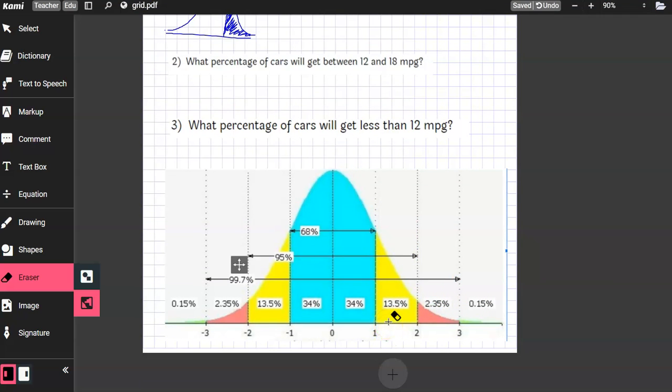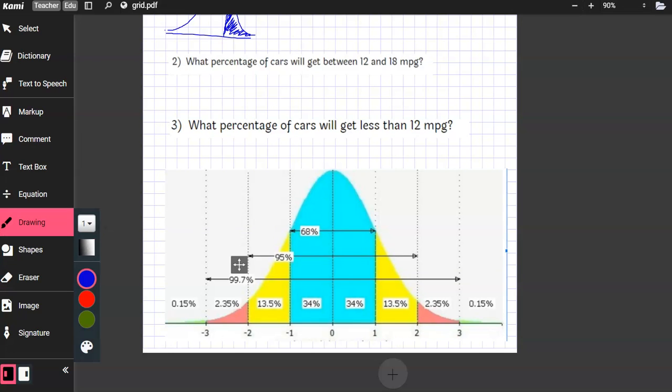So 30 miles per gallon will be here. So you want to add the 13.5, 2.35, and 0.15.